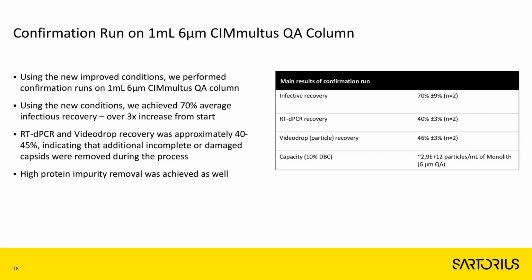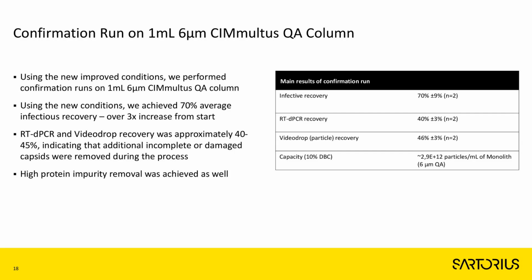We also looked at the protein impurity removal, and we observed that we removed over 3 logs of host cell proteins. So we had a very high protein impurity removal.